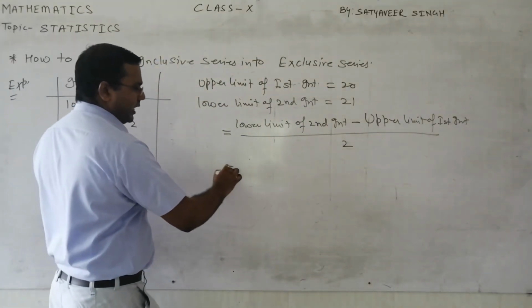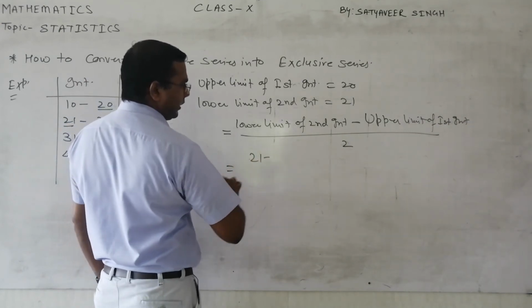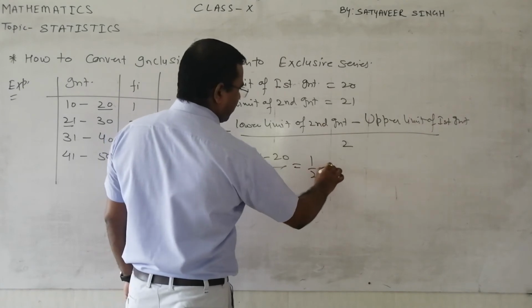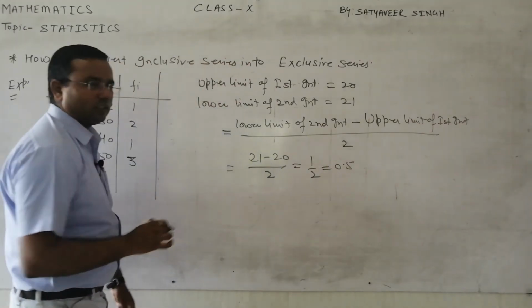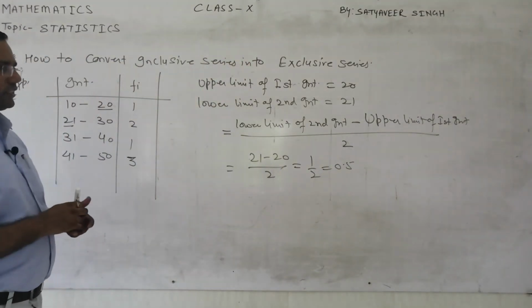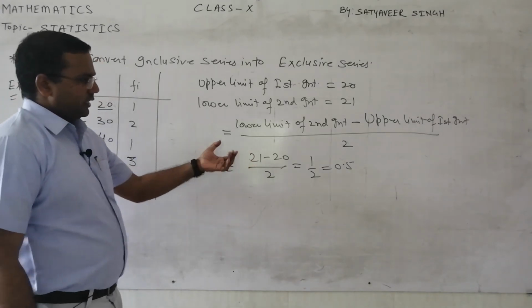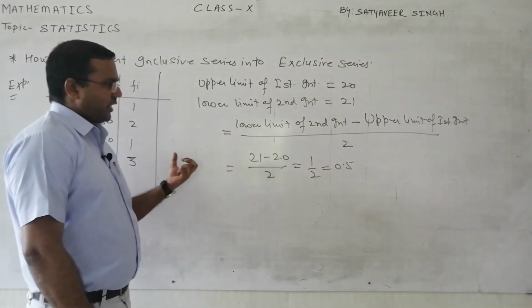So you will find like this, it is 21 minus 20 upon 2, 1 upon 2 means 0.5. So this 0.5 is the average we had found out, we can say, not average, it is the difference we had found out.